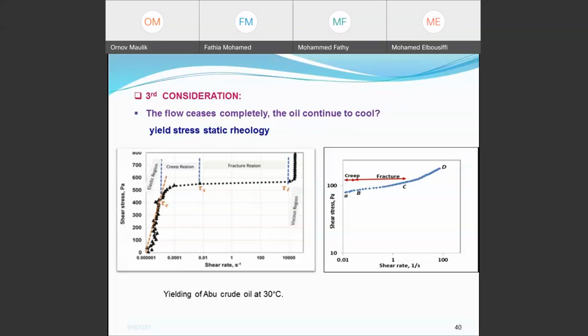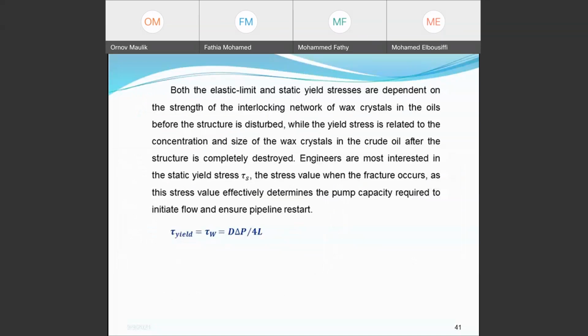This is a figure of ABU crude at 30 Celsius, which is the worst temperature here. Both the elastic limit and the static yield stress depend on the strength of the interlocking network of wax crystals in the oil before the structure is disturbed.